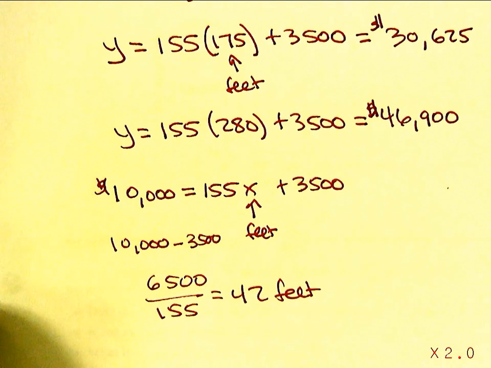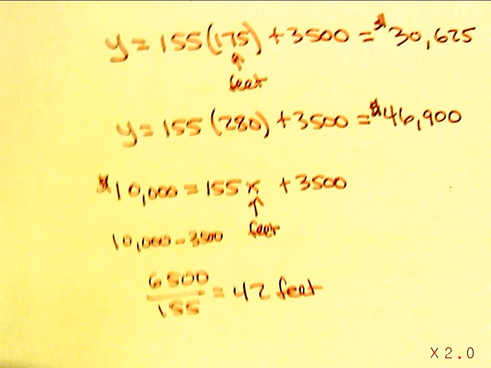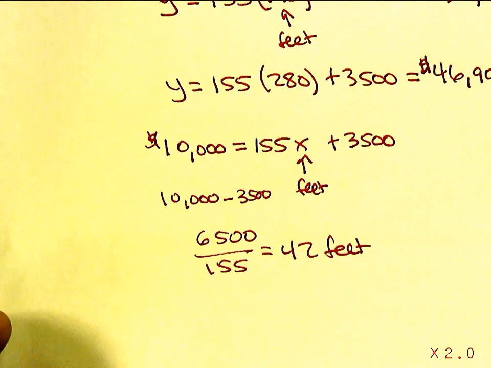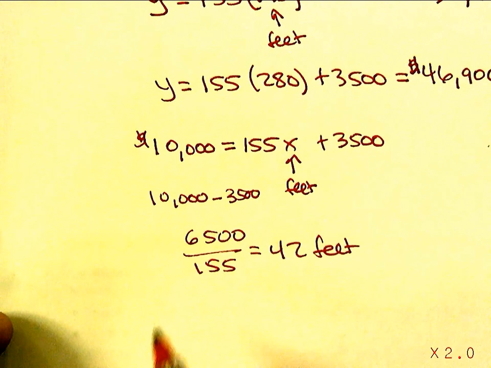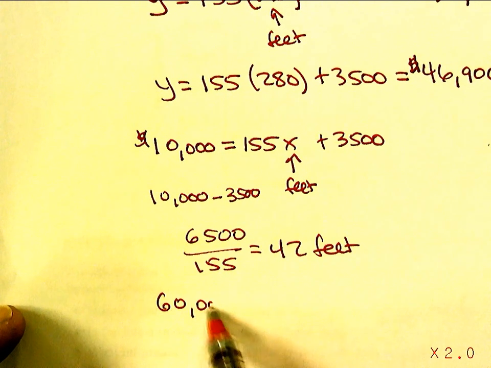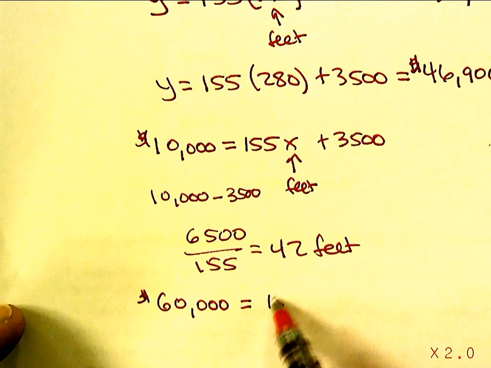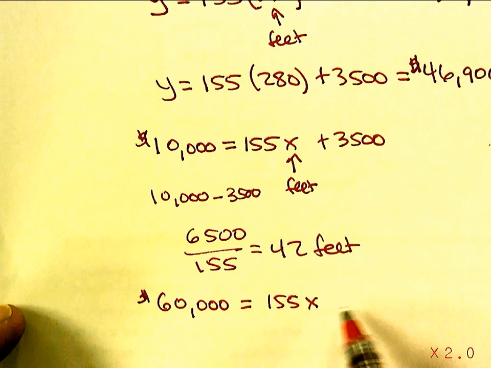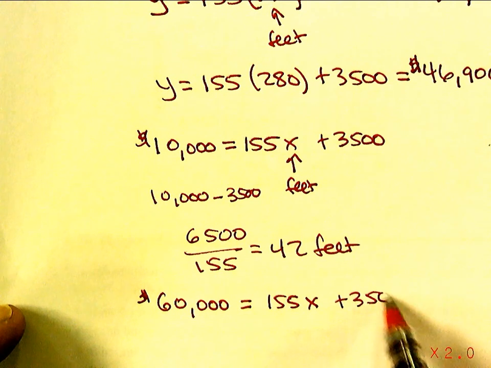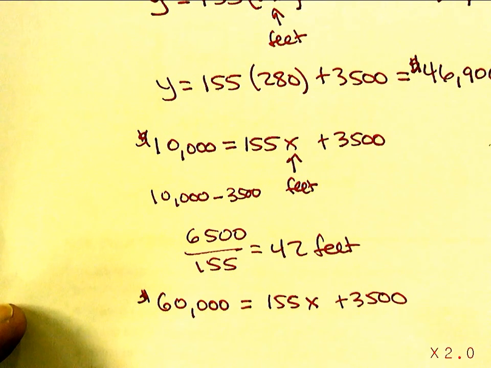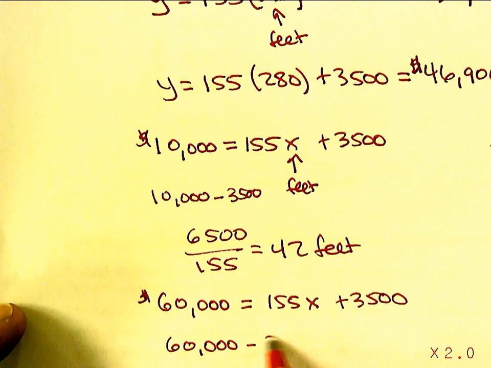Then there's one more question in part A, and it's what if we had $60,000? It's $155 a foot plus the $3,500. So I'm going to take that $3,500 away from the $60,000, because you have to pay that cost right up front.